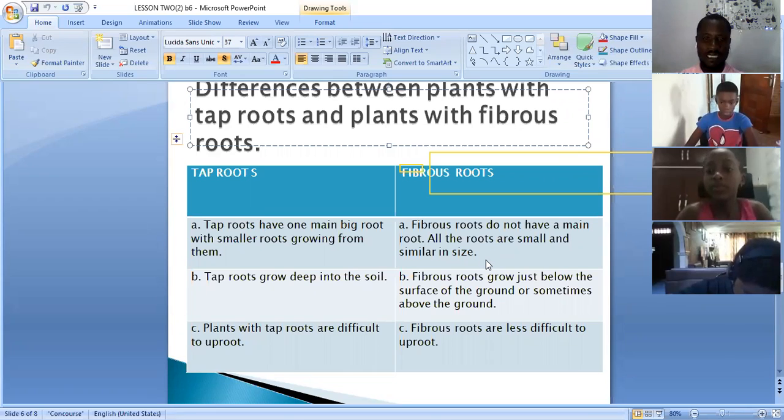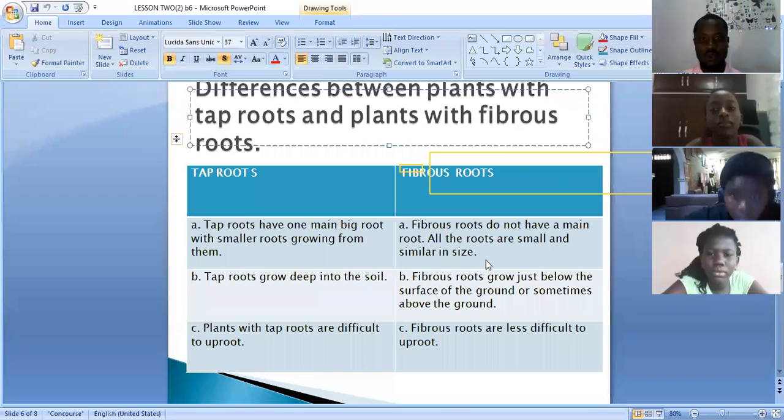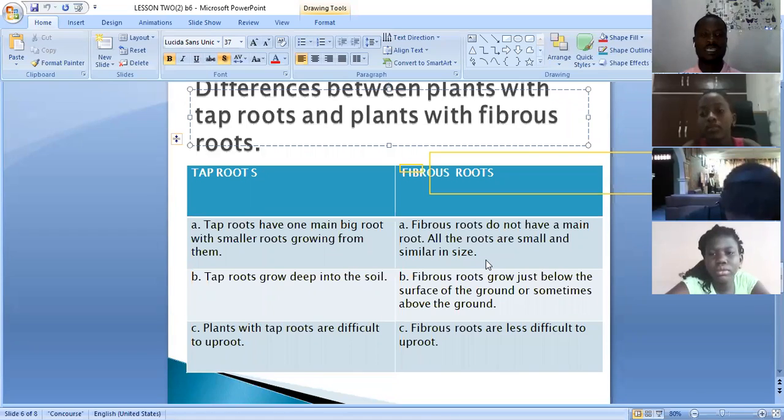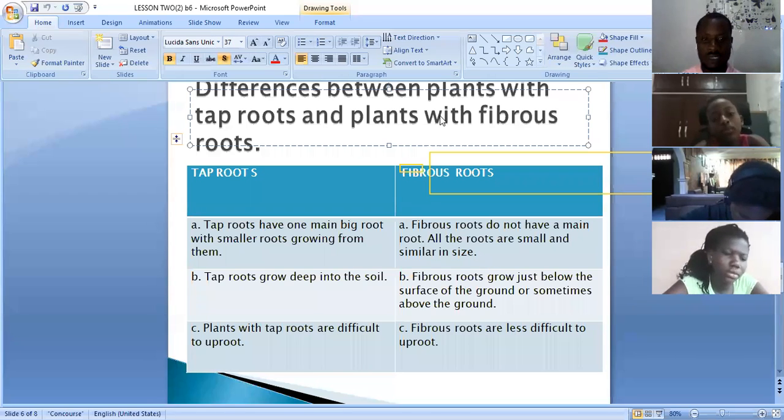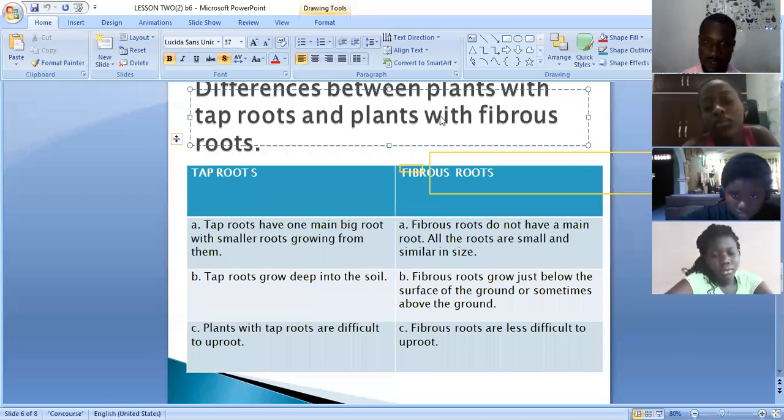It has other roots which are basically not the same size as the main root. So the taproots have other roots that are connected, but what they do is just give support to the main root to stand, as compared to that of the fibrous root.